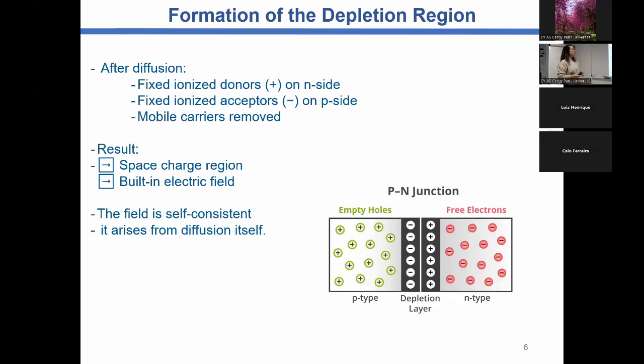The most interesting things that happen are two: the space charge region, this difference in polarization when we have this contact, and also the built-in electrical field, because this means that I have an intrinsic voltage just because two materials with different doping are linked, so they are joined.